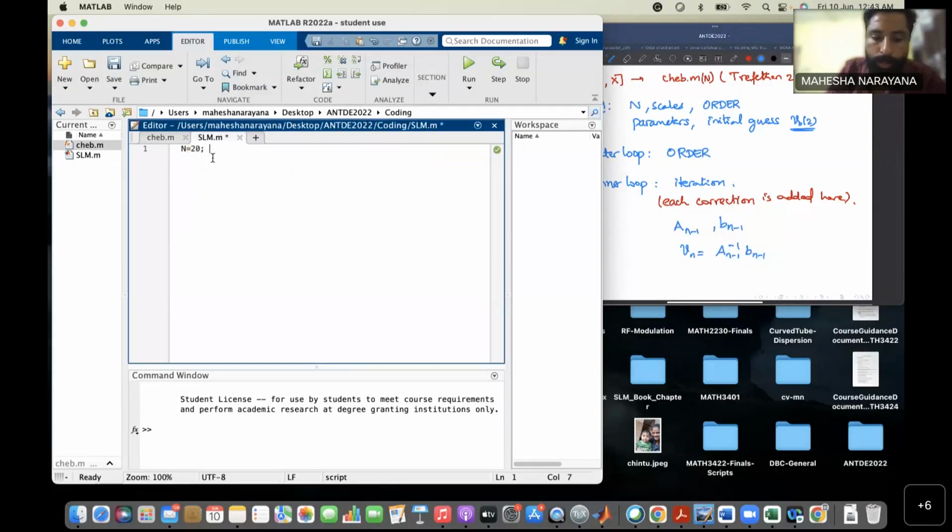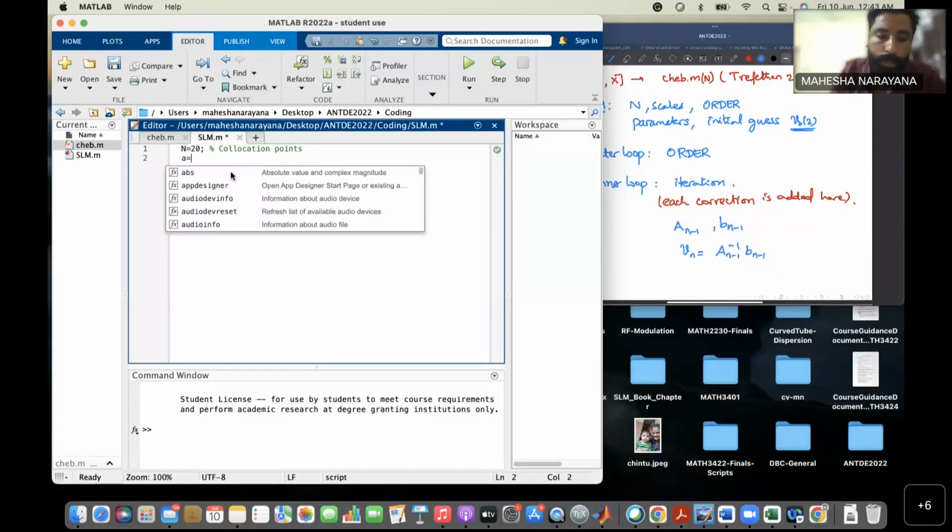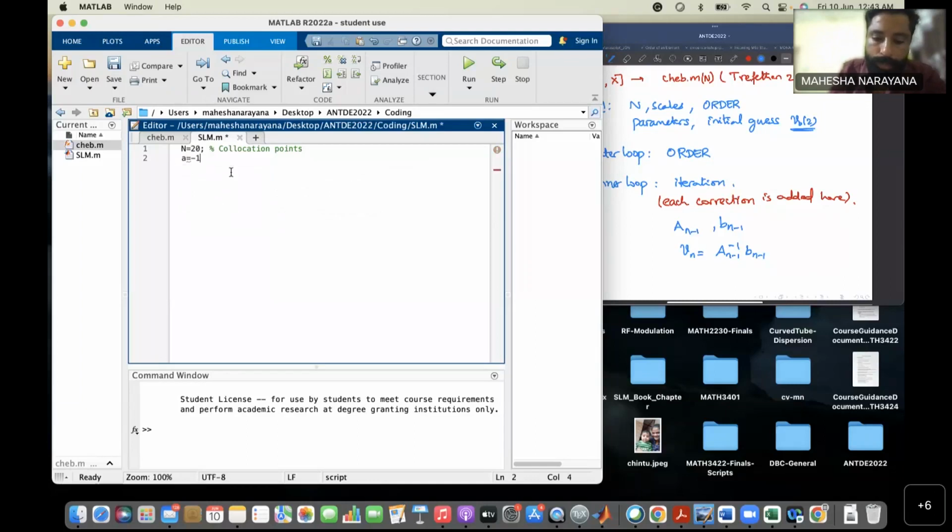So what else do we need? We need scale, right? So we need to define our interval. So what is A? A is minus half and B is plus half. So this is the domain or ends of the domain.